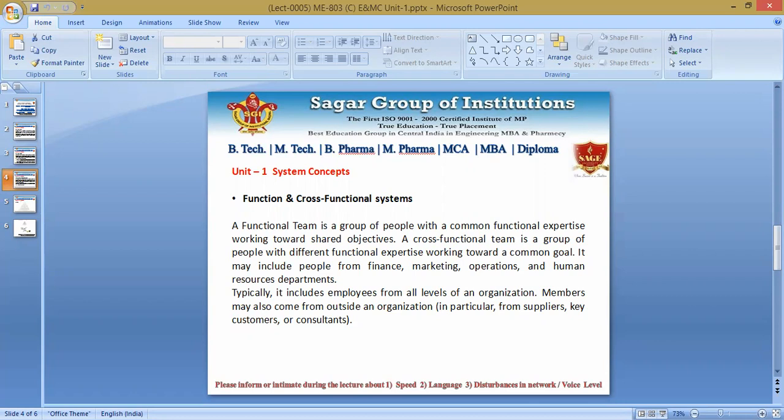Now innovation is a leading competitive advantage, and definitely cross-functional teams promote innovation through creative collaboration processes. So this helps us a lot in that regard also. Members of a cross-functional team must be versed in multitasking.